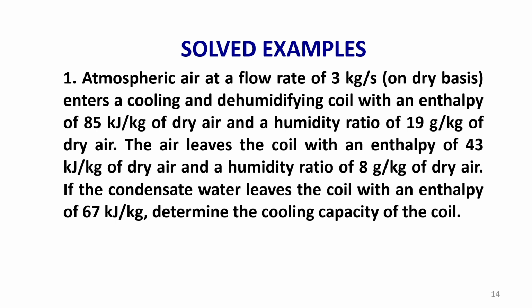I will be explaining 4 numerical questions on 4 different processes. Of course, in the previous lecture I explained how to read the properties from the psychrometric chart. The enthalpy scale is outside the saturation curve, the right side y axis is the specific humidity, the x axis is the dry bulb temperature, and the saturation curve is used to find the dew point temperature.